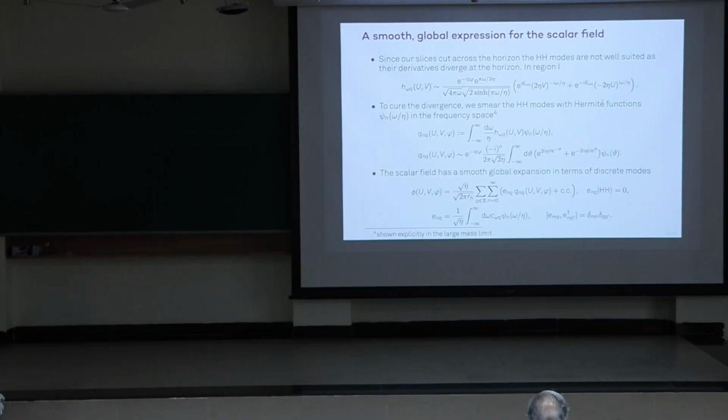So the integral is well defined and finite. So by going to this choice of mode functions, my scalar field has a smooth global expansion in terms of discrete mode functions. This is the expansion. These E operators also annihilate the Hartle-Hawking modes because they are linear combinations of the C's.